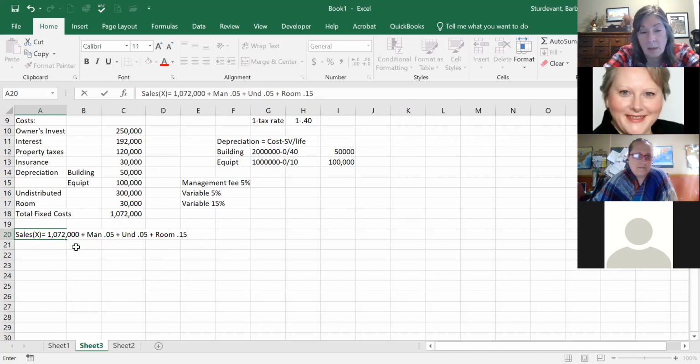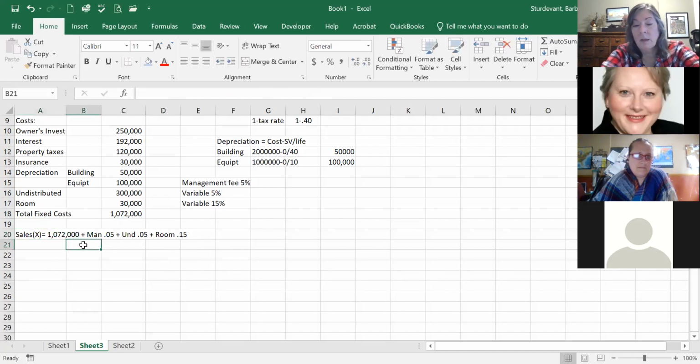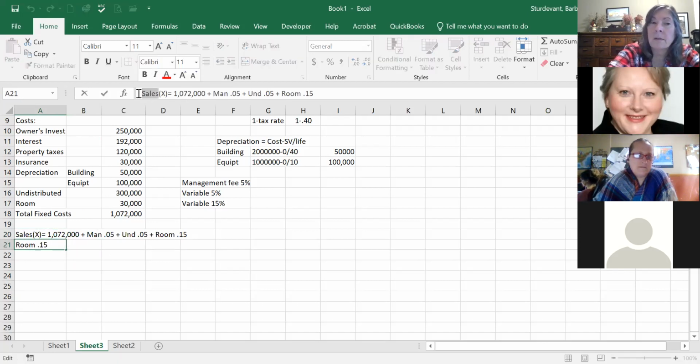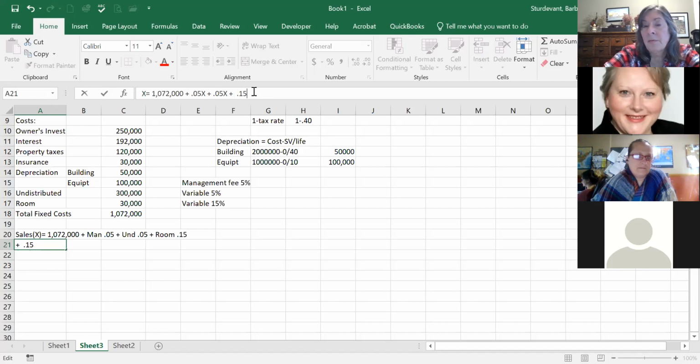So when we put it into a real algebra formula, it's going to be X is equal to 0.05x plus another 0.05x plus a 0.15x.